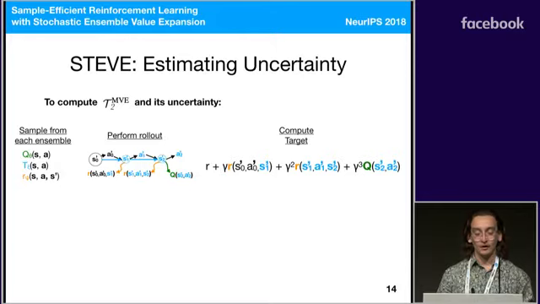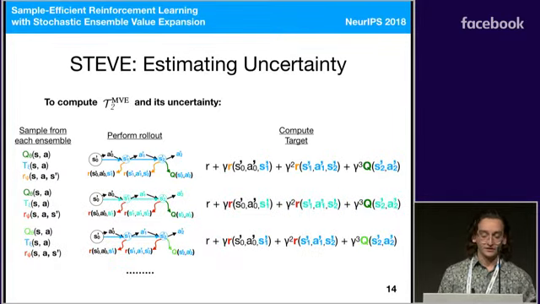So let's say we wanted to compute the 2-horizon MVE target and its uncertainty. We would start by sampling a neural network from each of our ensembles, and then just compute the target as regular. In this case, we sampled dark green, blue T, and orange R. If our ensemble sizes are small, in this case we only have 2 of each, we could exhaustively enumerate the combinations of ensemble members, but in general, what we want to do is resample several more times and get many different estimated values of our 2-horizon target.